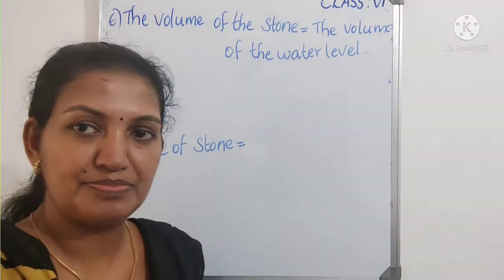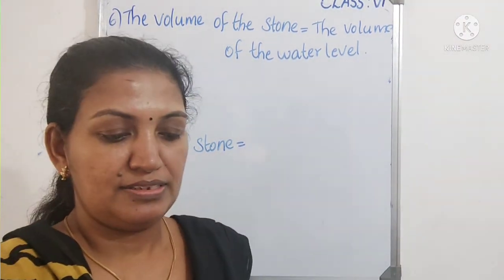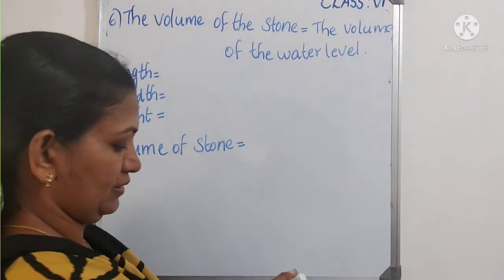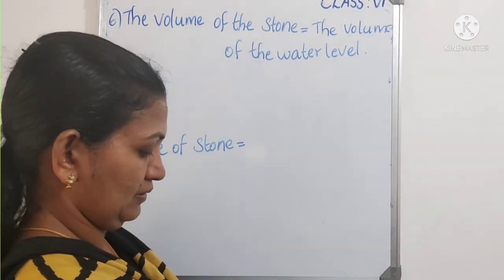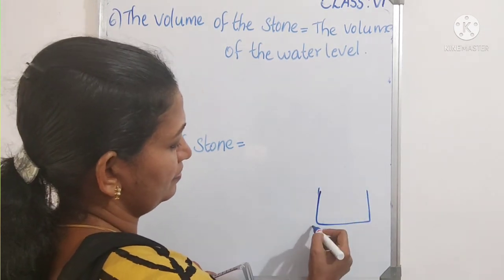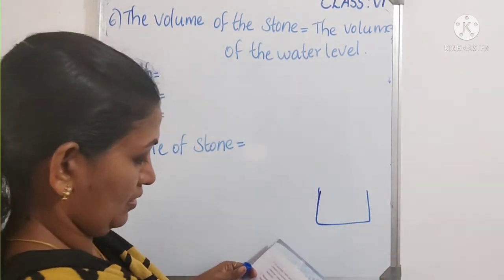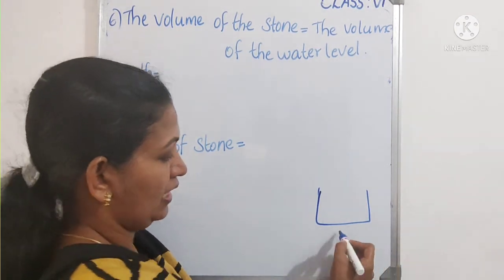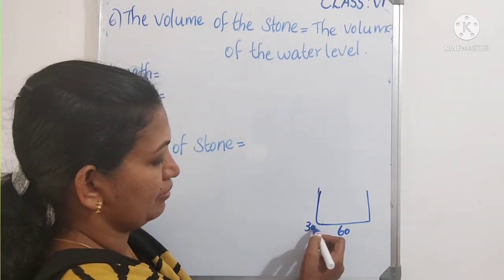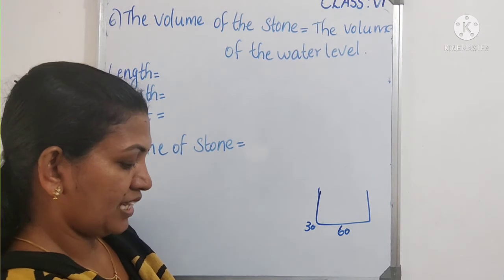Here, the length and breadth of the aquarium is given. Suppose an aquarium, the length is 60 cm and breadth is 30 cm. It is half filled with water.